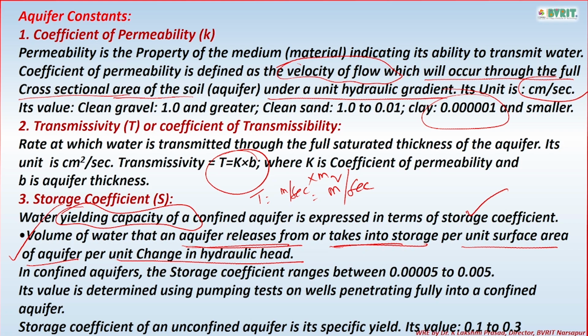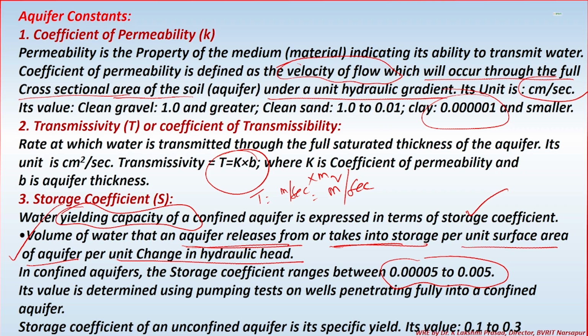What is the range of value for the storage coefficient? It varies from 5 into 10 to the power of minus 3 to 10 to the power of minus 5. This is how it varies.